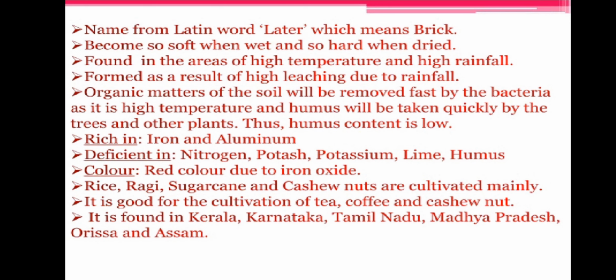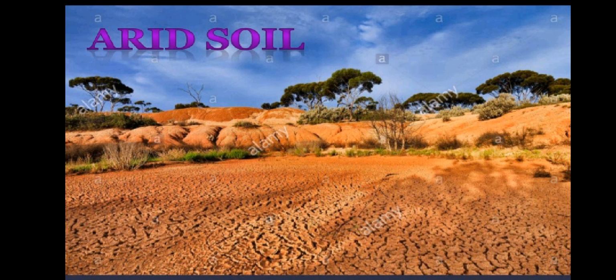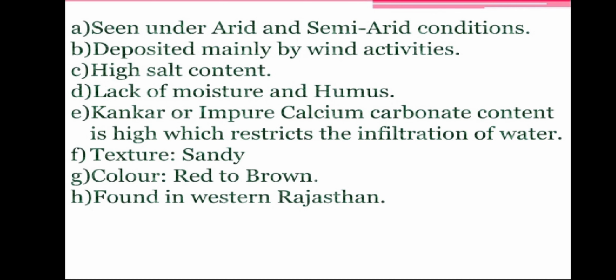Now, next type of soil is your arid soil, or desert soil. Arid soil ranges from red to brown in color. They are generally sandy in texture and saline in nature. In some areas, the salt content is very high and common salt is obtained by evaporating the water.